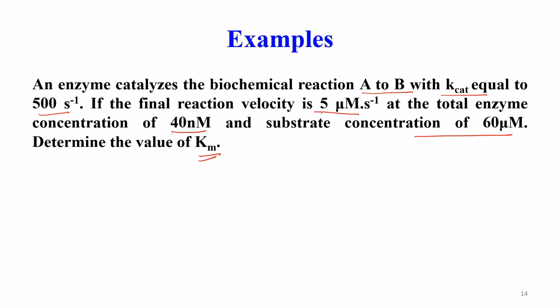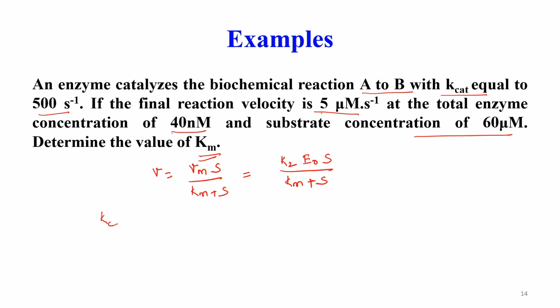Alright, so we will simply write the Michaelis Menten equation, V equals V max S upon Km plus S. We know V max can be written as K2 into E naught, so V equals K2 into E naught S upon Km plus S. Now you can see all the parameters are given.